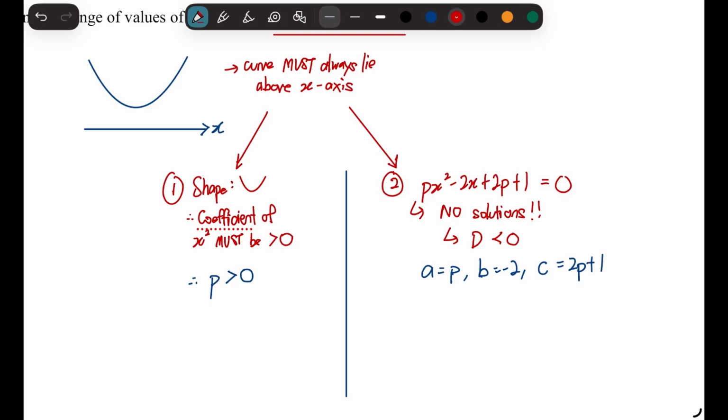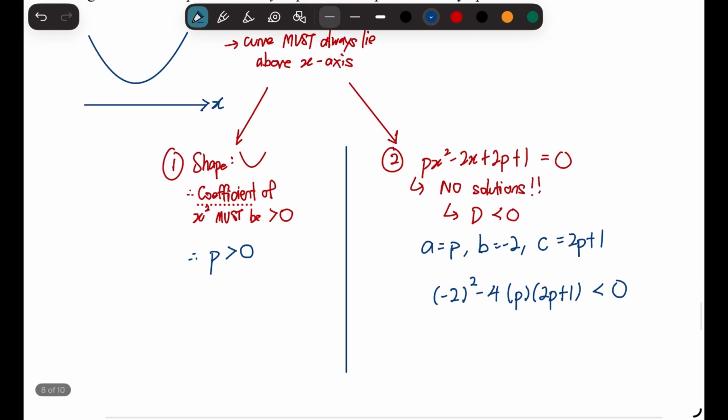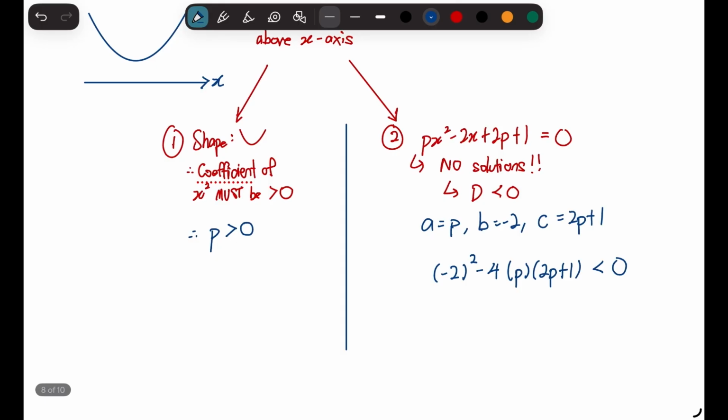So the discriminant, which is b squared minus 4ac, must be less than 0. Now from here, I can easily solve this. I'll get 4 minus 8p squared minus 4p less than 0. I divide by 4 on everything and rearrange the equation: minus 8p squared minus 4p plus 4 less than 0.